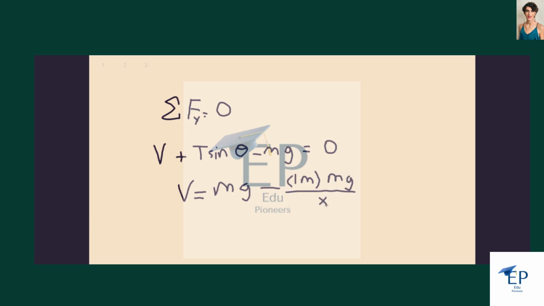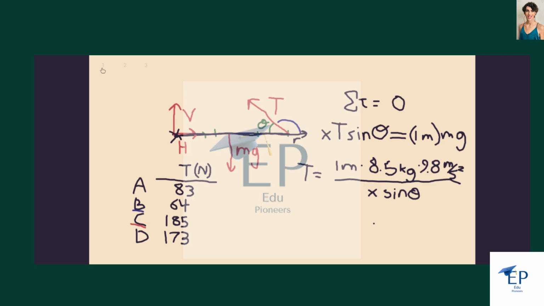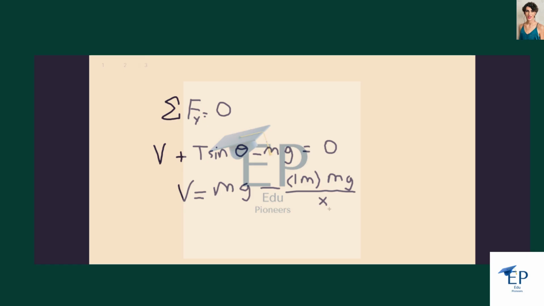And so you'll notice, and this is what the hint is getting at in the problem, that this expression is only going to be positive if this term on the right is less than mg, that is, if x is greater than 1 meter. So the vertical component of the hinge force will be upward as we drew it, i.e. V is positive when x is greater than 1 meter, so in cases A and B.